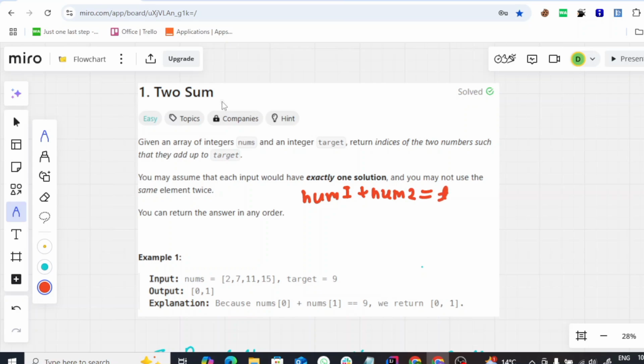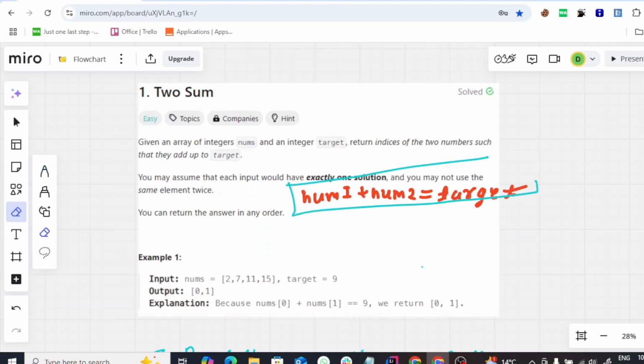This is the question that is being asked to us, and it is a simple question, guys.